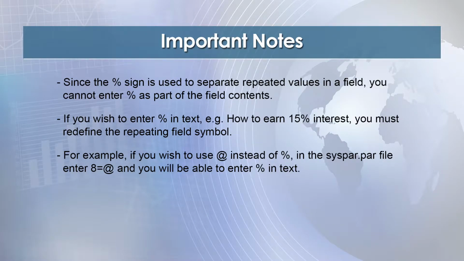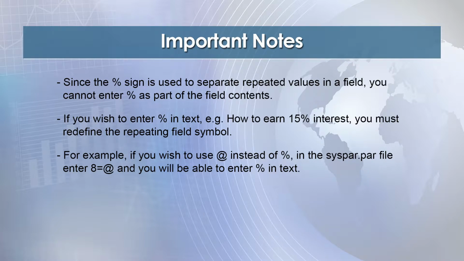The most important thing is that if you are sure that you are going to enter a lot of data with percentage signs, then my suggestion is that you change in the syspar.par file the repeatable field delimiter, that is the percentage sign. You can do it by changing the value 8. In the last line you can see in the syspar.par file, if you enter 8 equals @, then the moment you place the @ sign, WINISIS will think that it is a repeatable field, and you can enter different kinds of data.